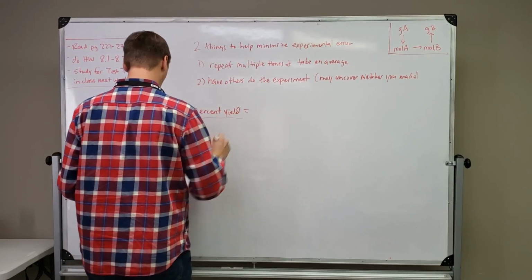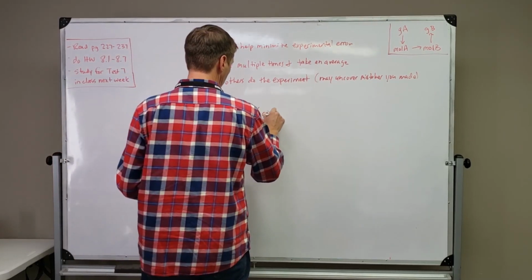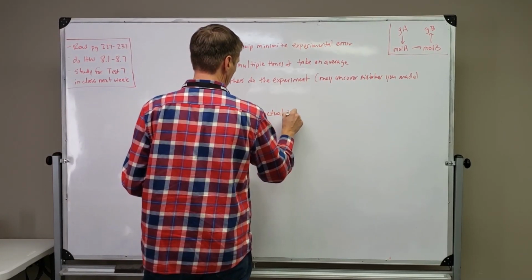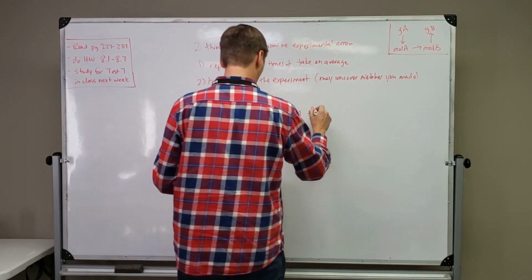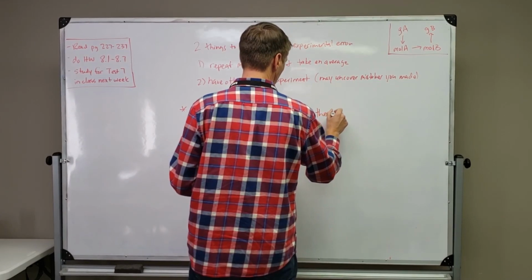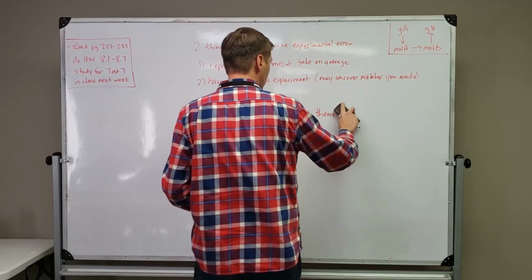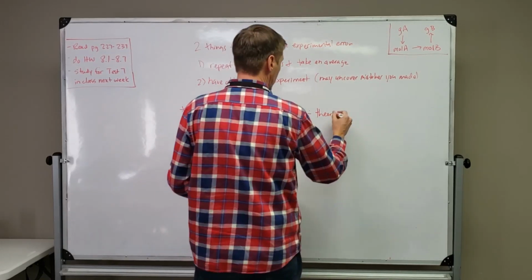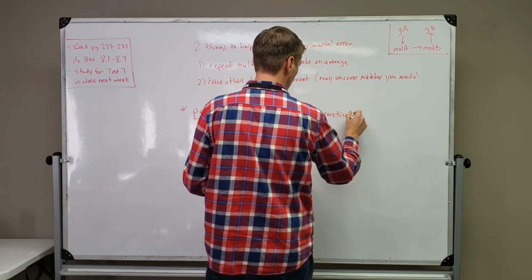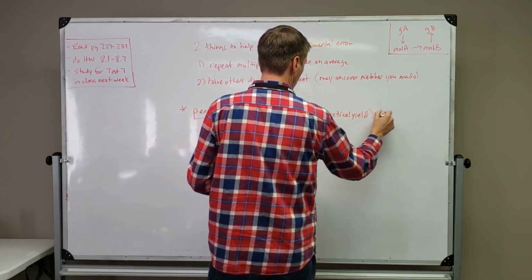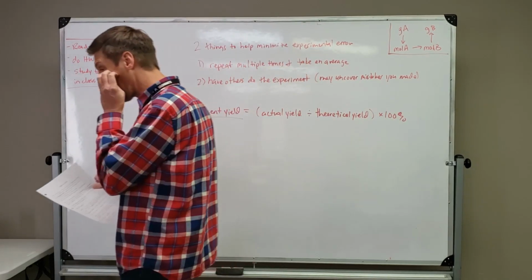And so percent yield is defined as the actual yield divided by the theoretical yield, in other words, the yield that our stoichiometry is telling us that we should get, times 100%, because it'll give us a percentage.